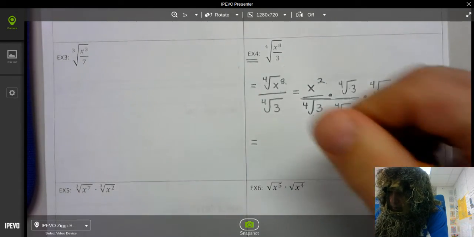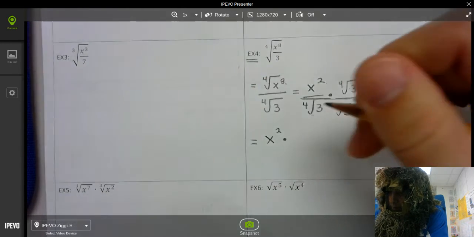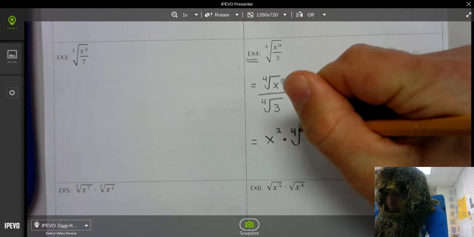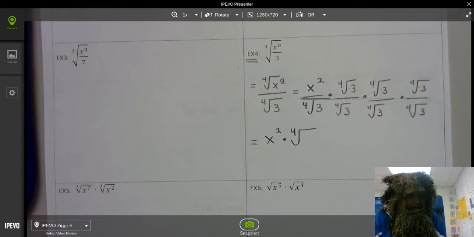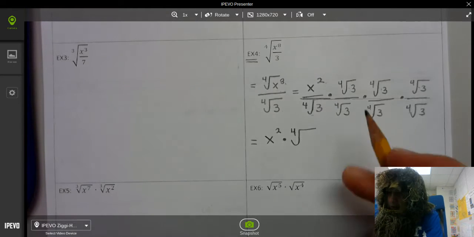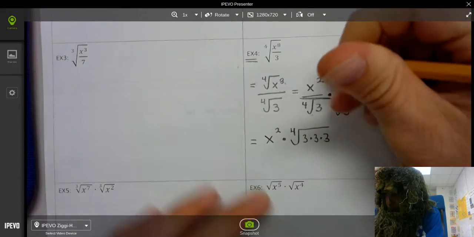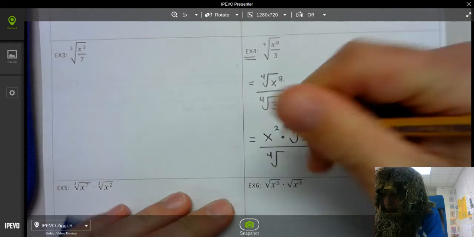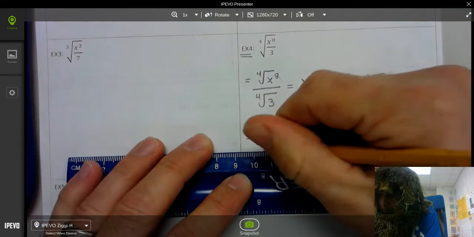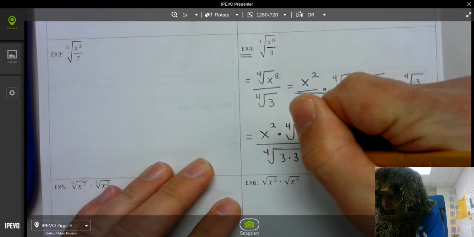So this is equal to x squared times the fourth root of, now we know because of the property, the product property of roots, that we can rewrite this as 3 times 3 times 3 divided by the fourth root of 3 times 3 times 3 times 3.